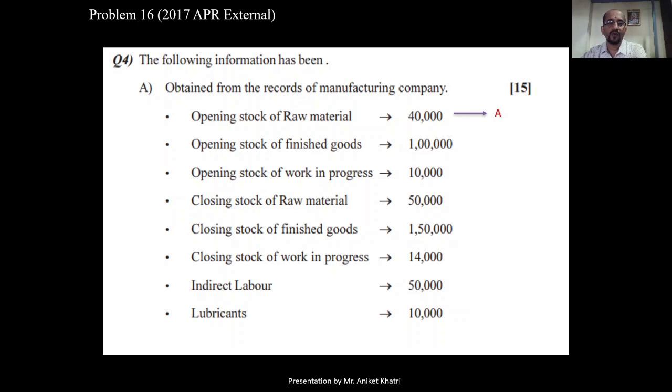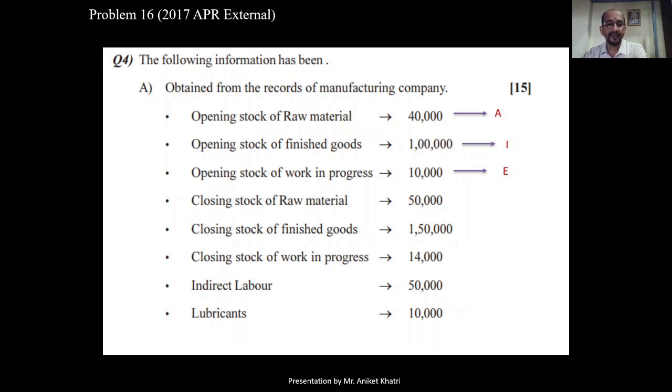Then opening stock of finished goods, this is I item, right? Opening stock of work in progress, we need to write in E, right? So here all three stocks appeared: opening stock of raw material, then opening stock of work in progress, and opening stock of finished goods.